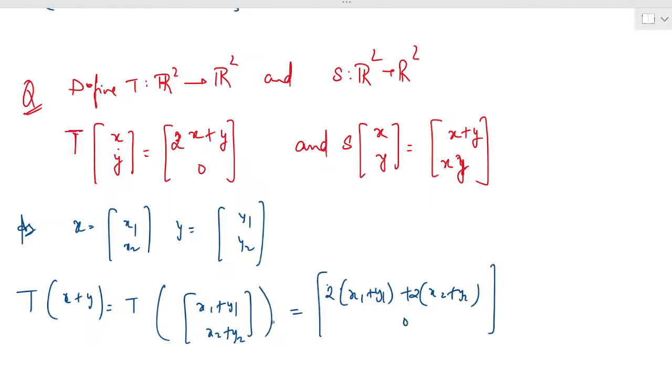Sorry, this is not 2, this is y. The y coordinate will be added as it is, and the x coordinate is multiplied by 2 and then added, and here you have a 0.